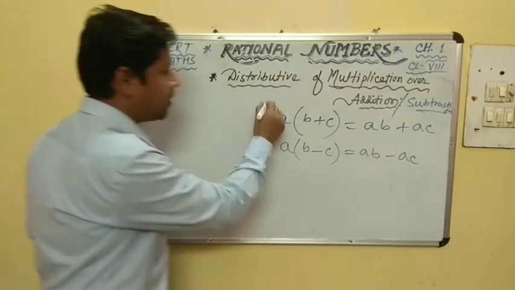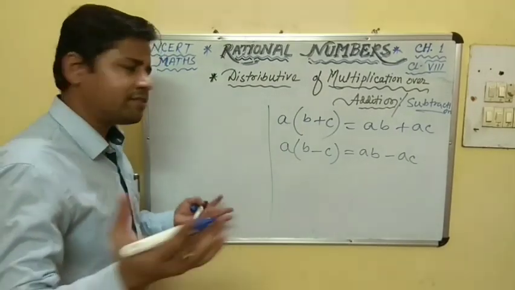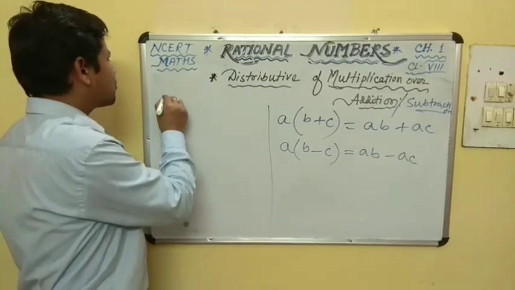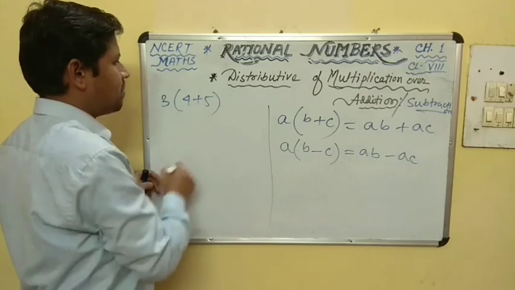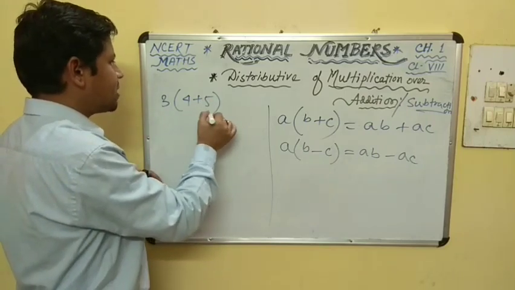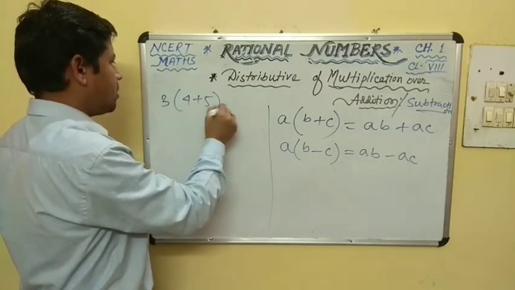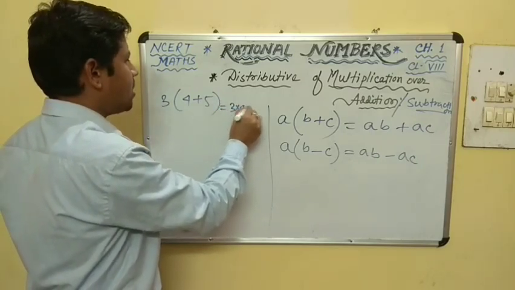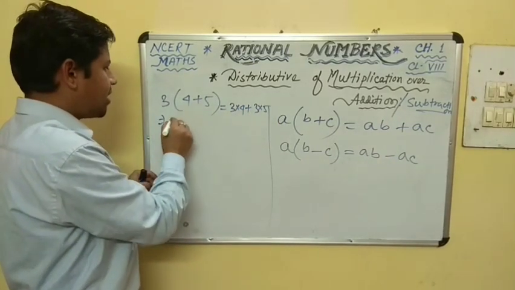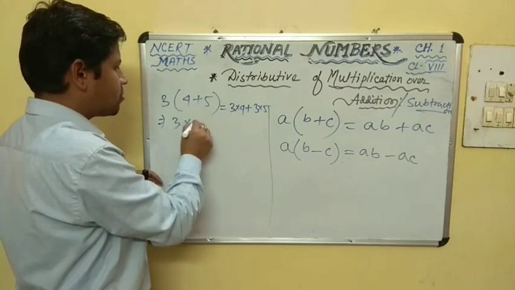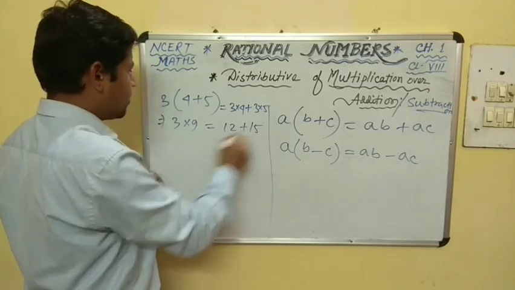If you want to check, I am taking some examples. Suppose 3, 4, 5, any numbers you can say. 3 into 4 plus 5 is also equal to 3 into 4 plus 3 into 5. How is it possible? On the left side, 3 into 9, because 4 plus 5 is 9, and on the right side, 3 into 4 is 12 plus 3 into 5 is 15.